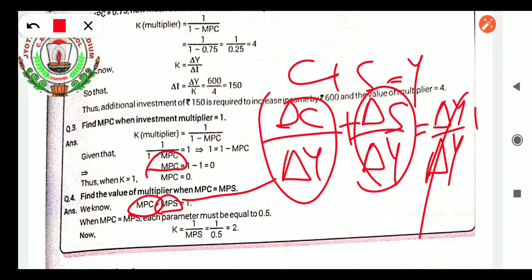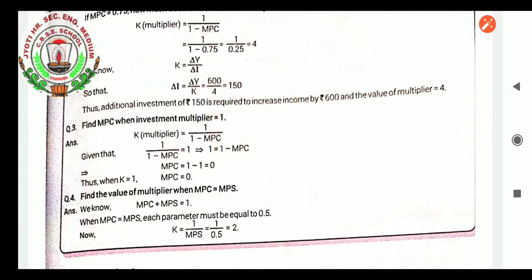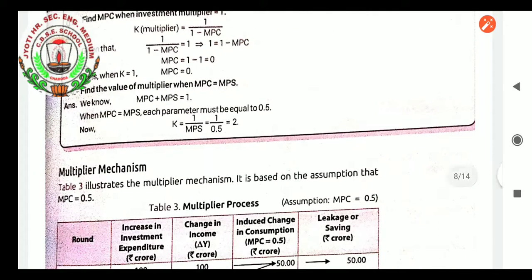Now let us see the value of the multiplier when MPC equals MPS. When MPC equals MPS, each parameter must be equal to 0.5. K equals 1 divided by 1 minus MPC, that is 1 divided by 0.5, which equals 2. This is how we get the value of the multiplier when MPC equals MPS.